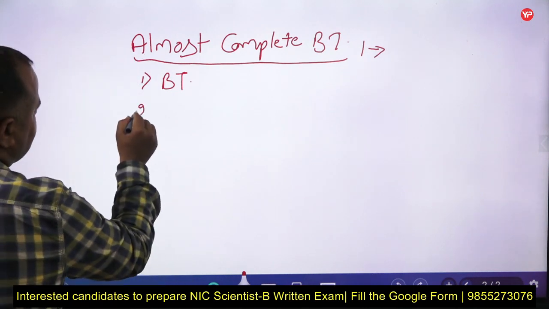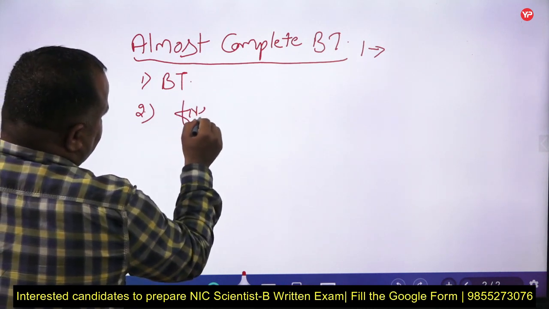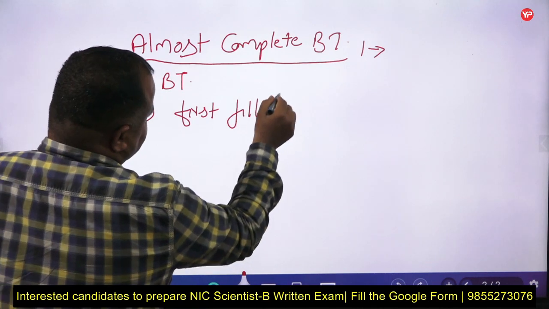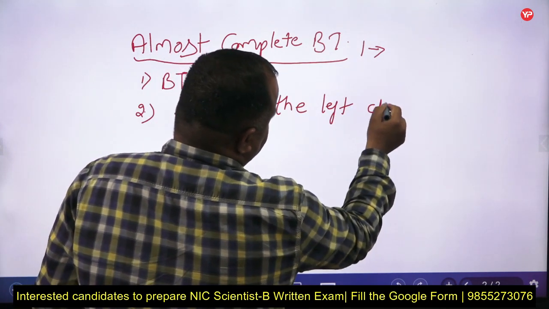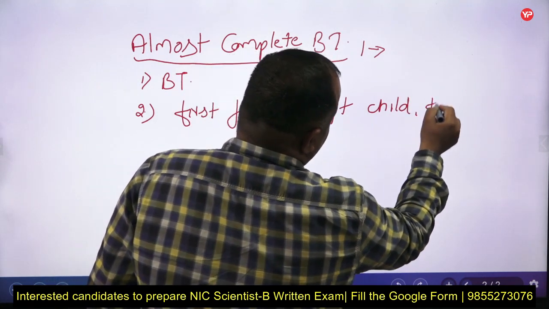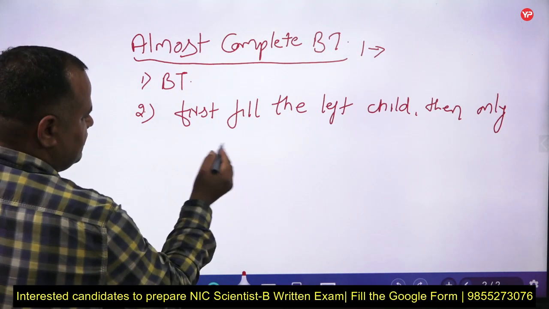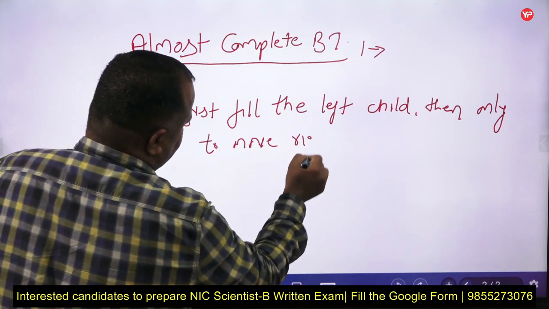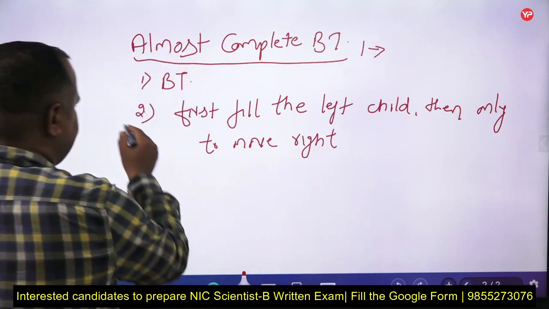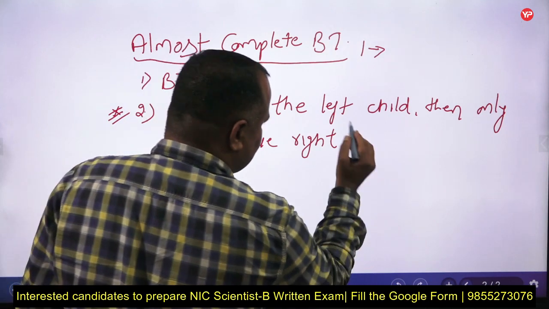Next property: first fill the left child, then only move to the right child. So the second condition, the most important condition, is first we have to fill the left child, then only we have to move to the right child.